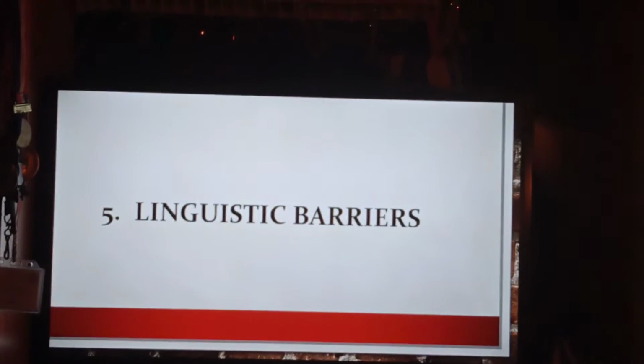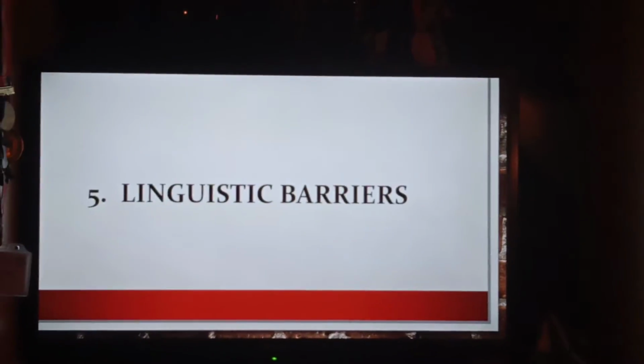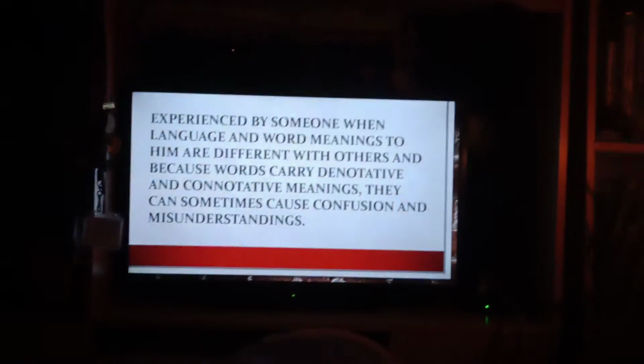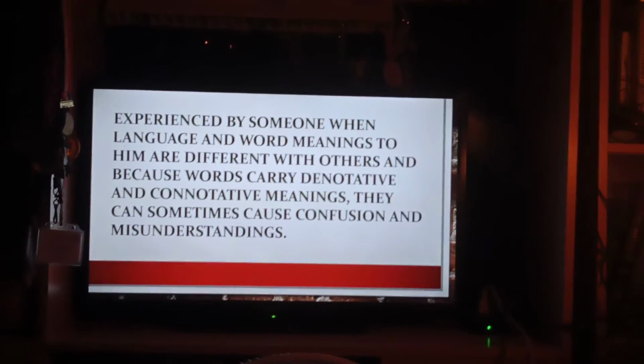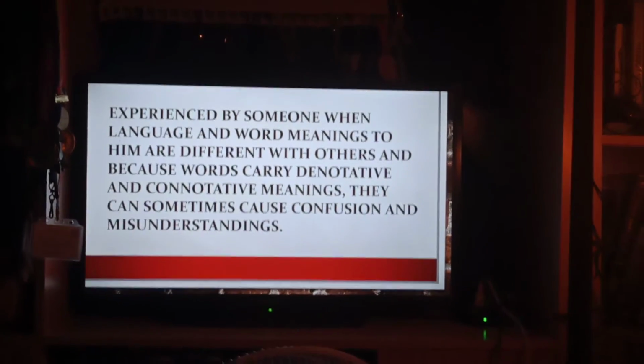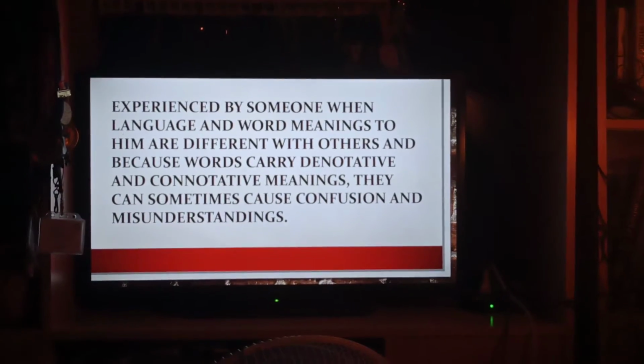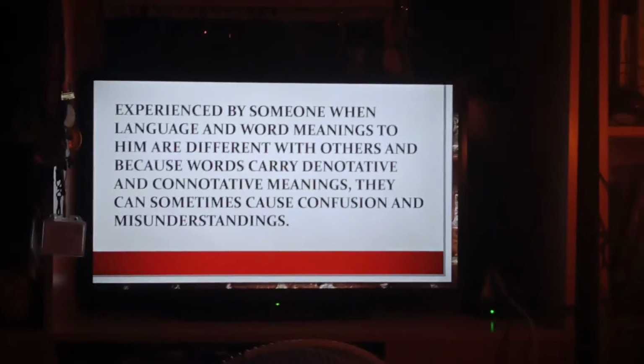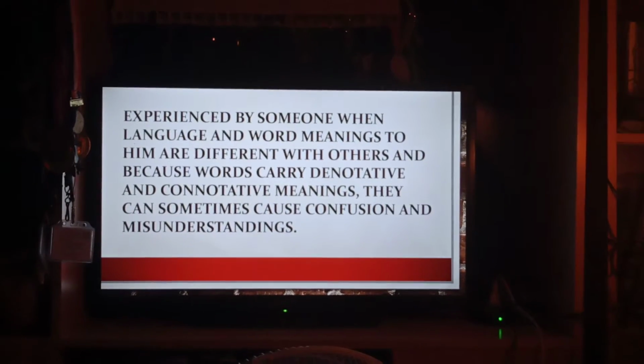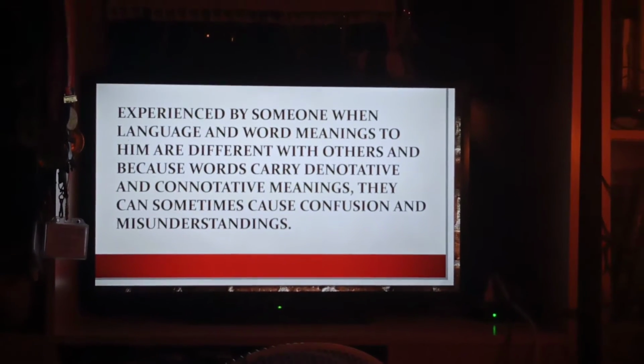Okay. And then the next one is what we call linguistic barriers. The word linguistic comes from the word language. So in this particular barrier, someone experiences it when his language and word meanings are different from others. And because words carry denotative and connotative meanings, they can sometimes cause confusion and misunderstandings.